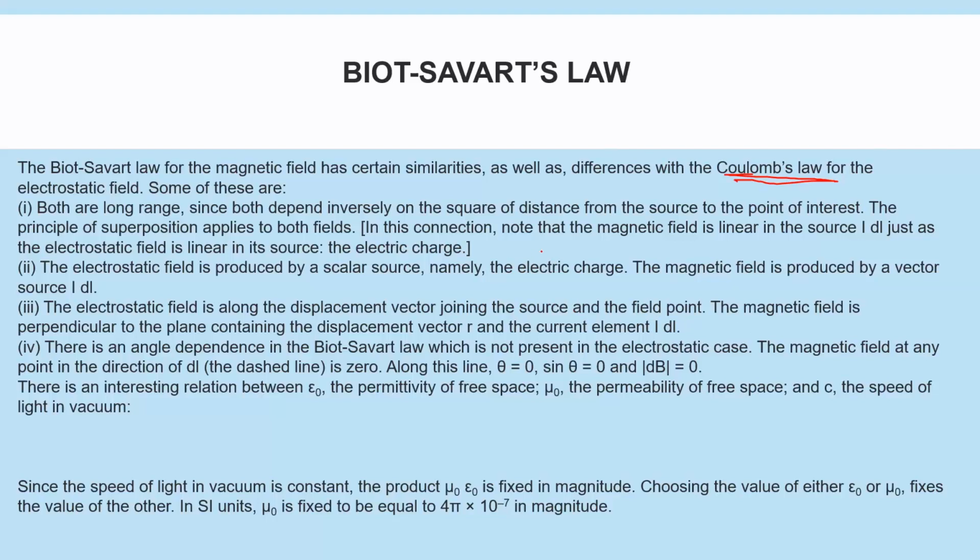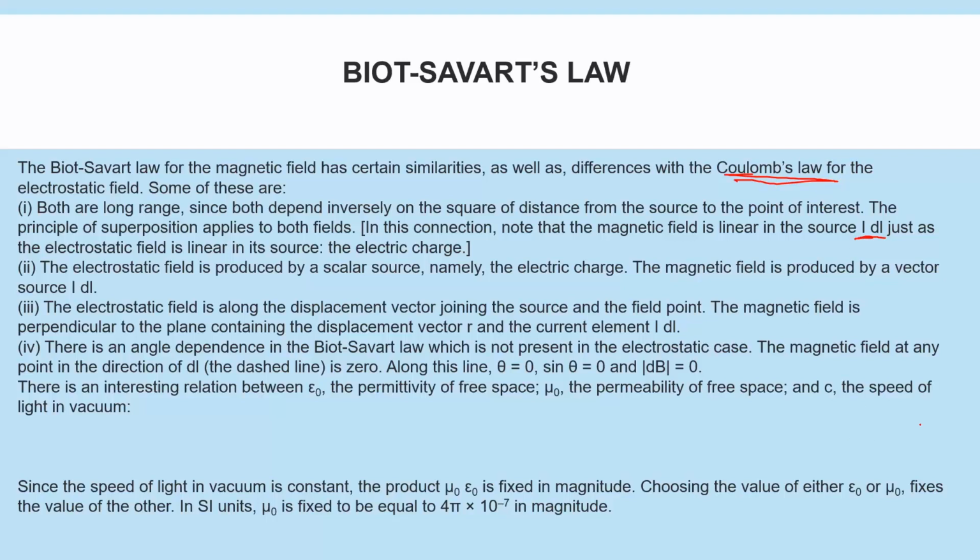With that we can say that the magnetic field is linear in the source, it is linear in the source IDL, just as electrostatic force is linear in its source, the electric charge.